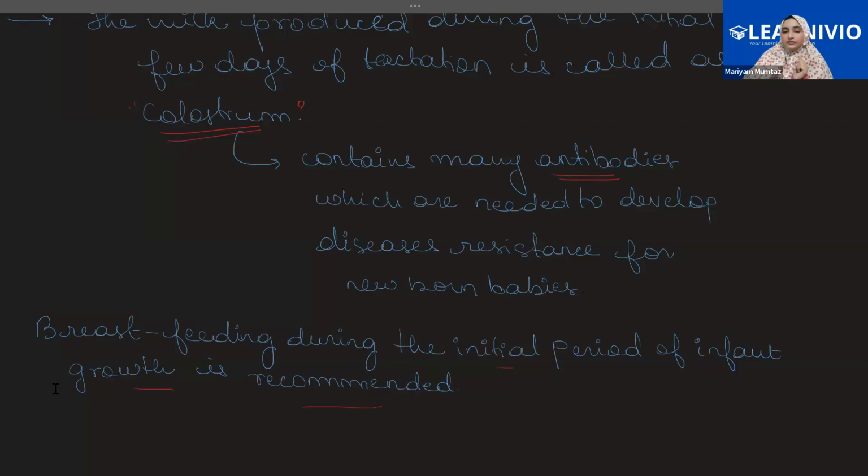For me, ma'am, it was only the third chapter, reproductive health. That's all I'm missing. Okay, Amna, you tell me. Ma'am, first and third chapter. First and third. Okay, so it's common for both of you.